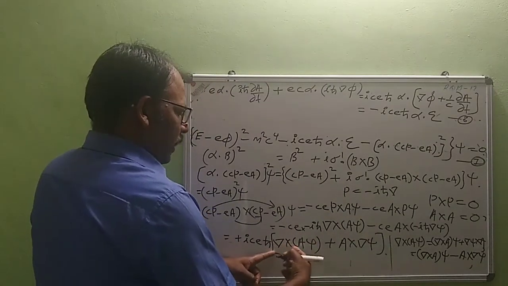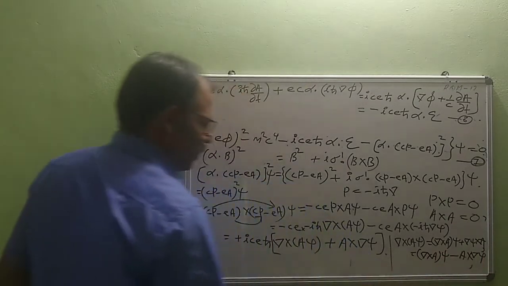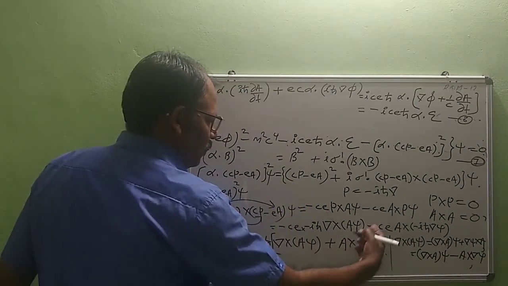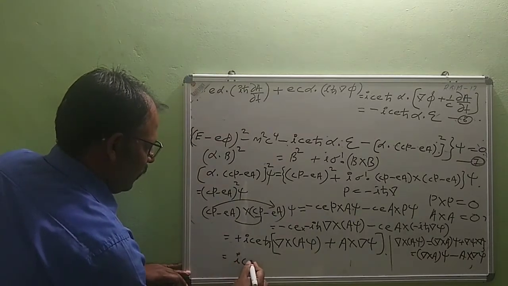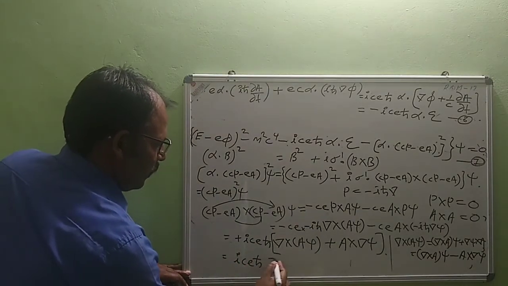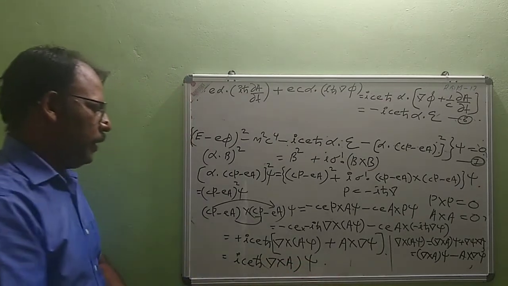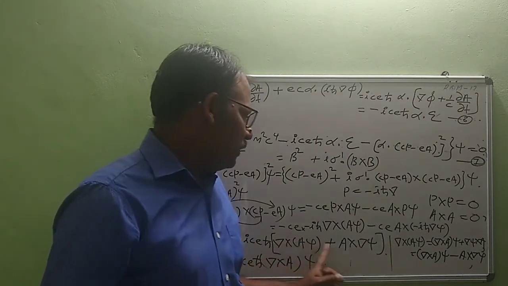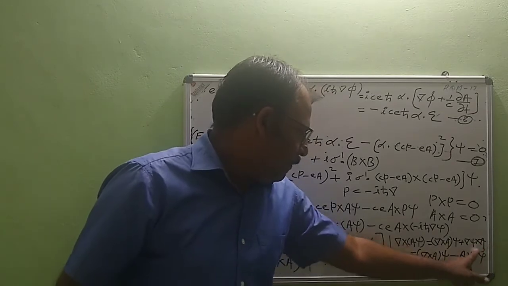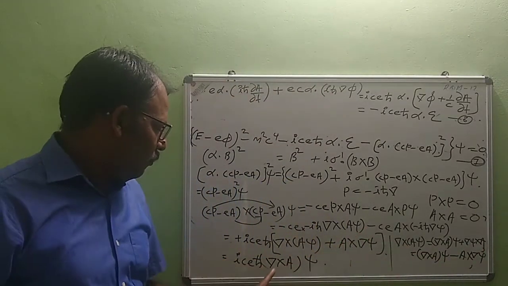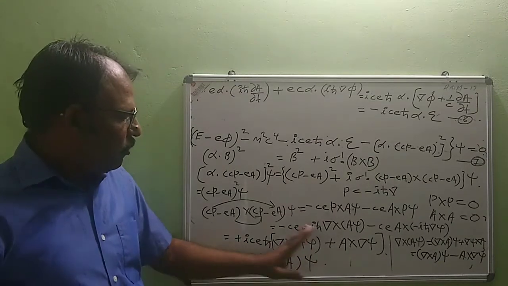So when I substitute del cross A psi as del cross A psi minus A cross del psi, this is plus A cross del psi. So these two terms will get cancelled. So we will be having del cross A into psi.